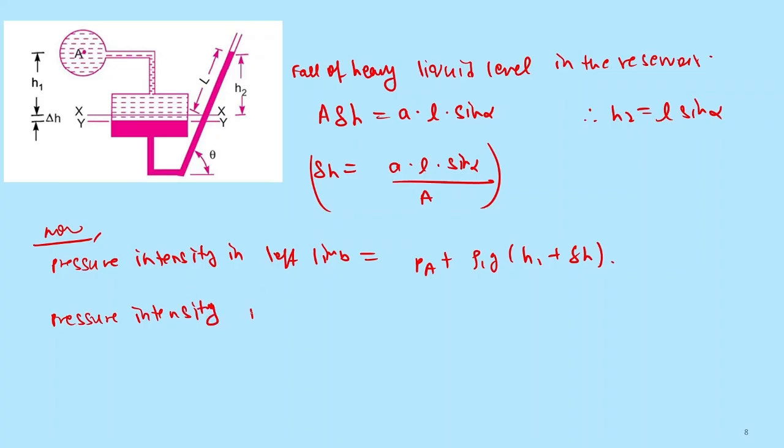Pressure intensity in right limb will become rho 2 G (L sin alpha plus del H). Equate this. If we equate this, what we will get? We will get PA plus rho 1 G (H1 plus del H) equal to rho 2 G (L sin alpha plus del H).